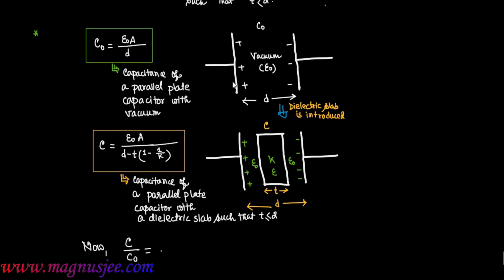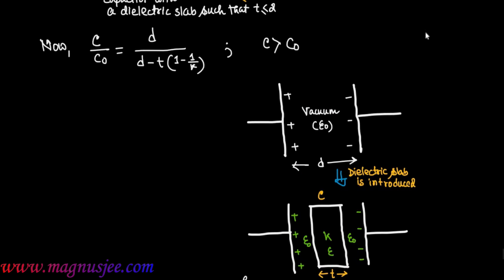Now C by C0 is equal to d divided by (d minus t)(1 minus 1 by K).